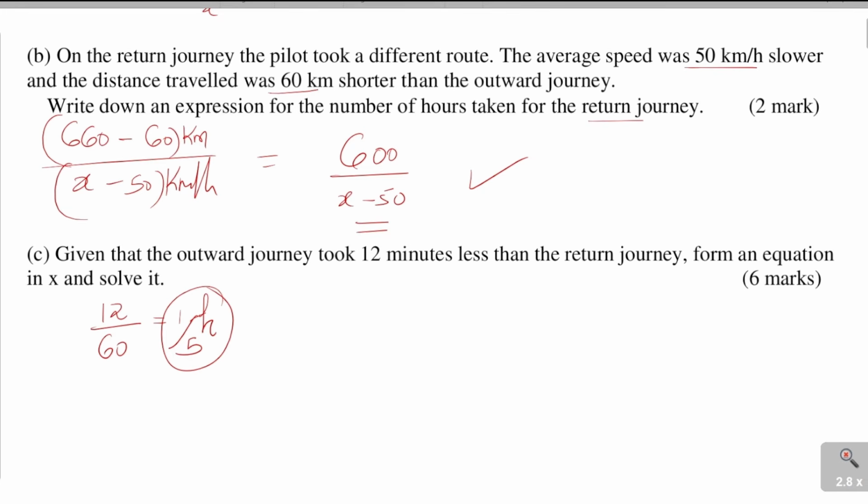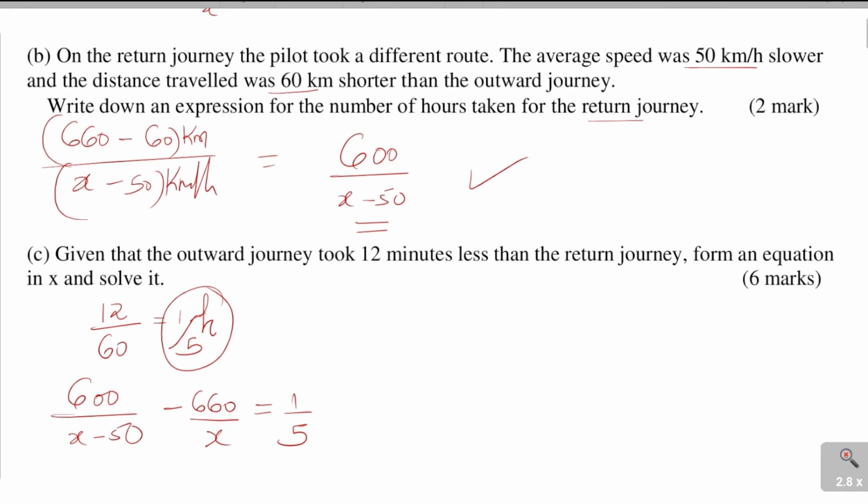So I take the number of hours for the return journey, which is 600 divided by x, subtract 50, and I subtract the number of hours taken for the outward journey, which is 660 divided by x. That should give me the difference of 12 minutes, which is a fifth of an hour.